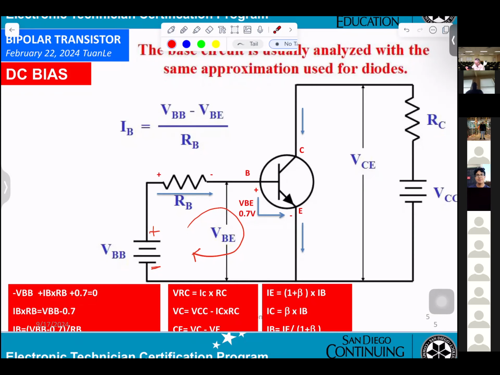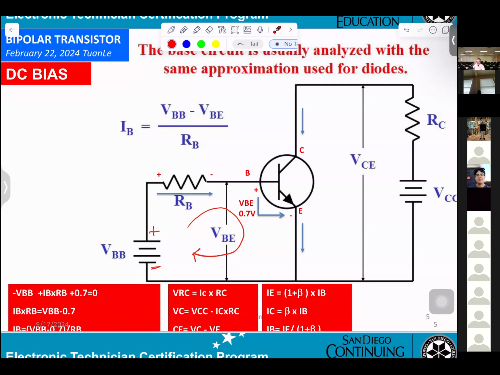Okay. And after you get IB, you can calculate the IE. They want you to use this formula. IE equal 1 plus beta, times IB. Beta means the current gain of the transistor, given.